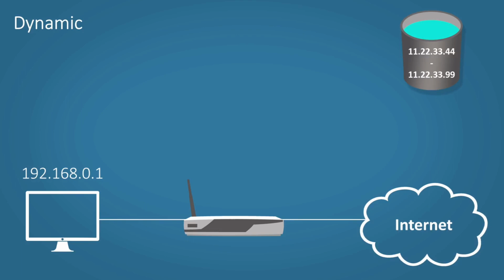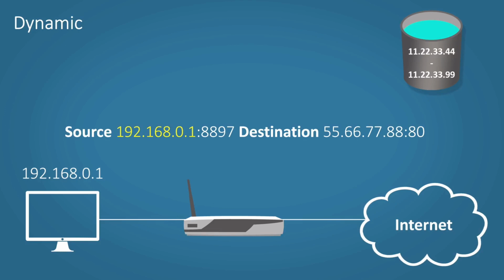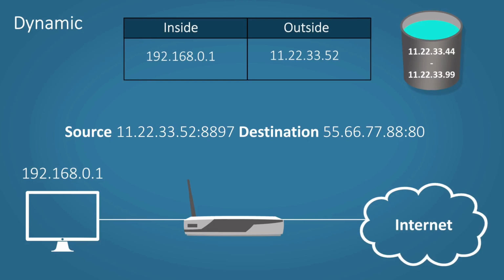Apart from that, dynamic NAT works in pretty much the same way. When data comes in, the router looks at the source and destination address, swaps out the source address for the first available public address from that pool, and then sends it on its way.